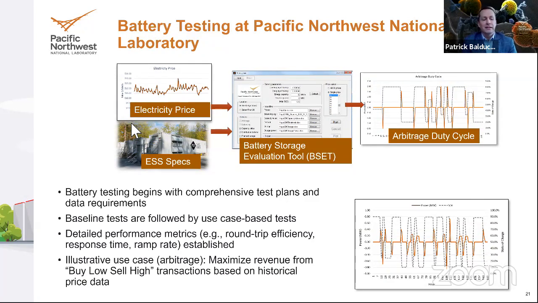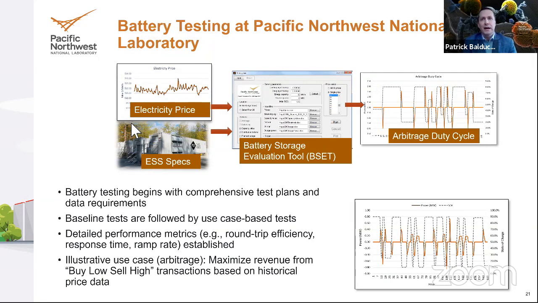Okay. Some important notes about performance. We've been conducting extensive battery testing at Pacific Northwest National Laboratory, and I'm on slide 21, by the way. What we do is begin with the DOE OE energy storage protocol, and then we develop use case-based duty cycles. We take our battery storage evaluation tool and create a duty cycle that mirrors what a battery system would be doing if it was providing, let's say, arbitrage at this location, or frequency regulation at this location for this utility.